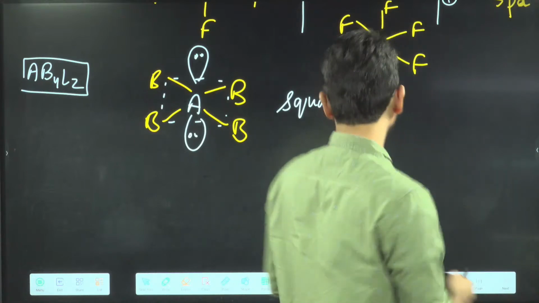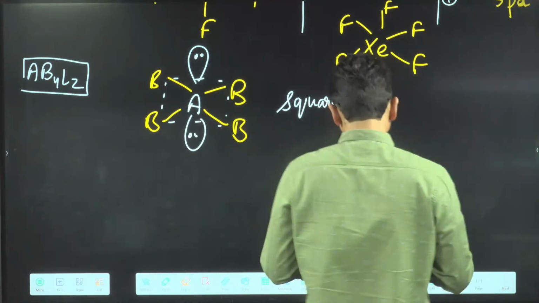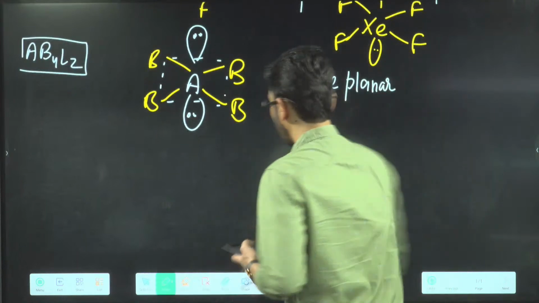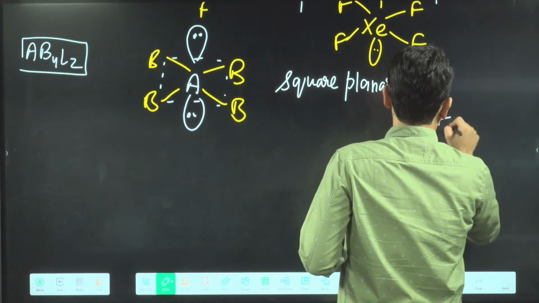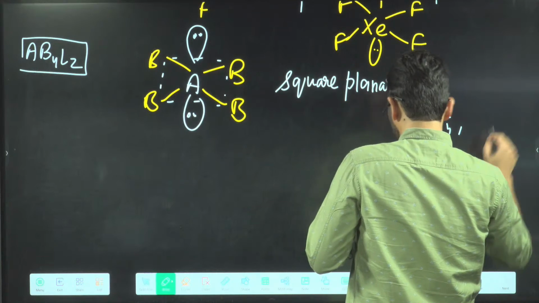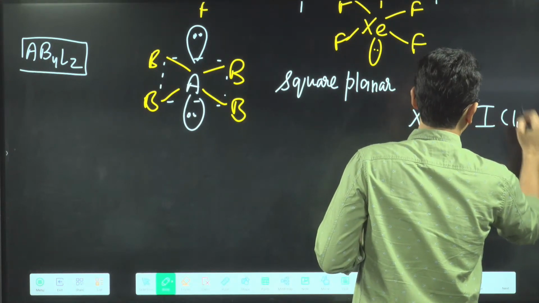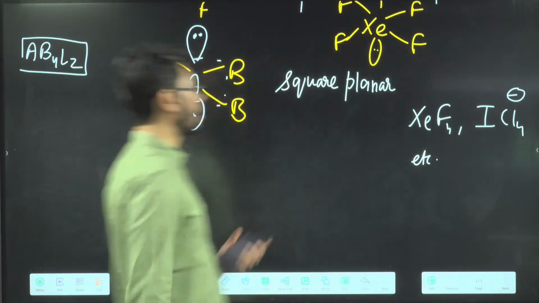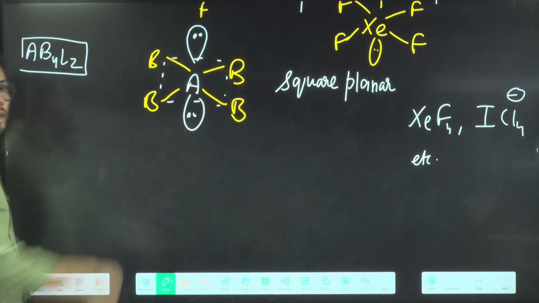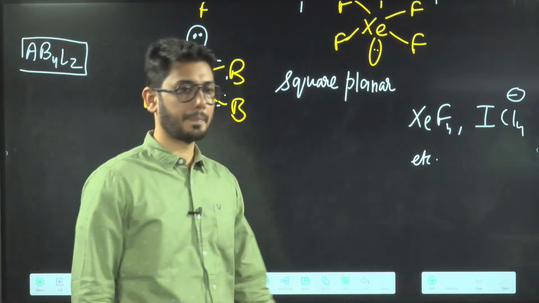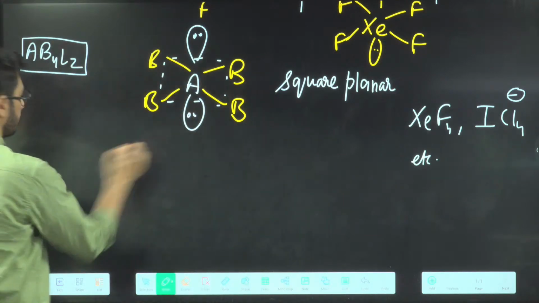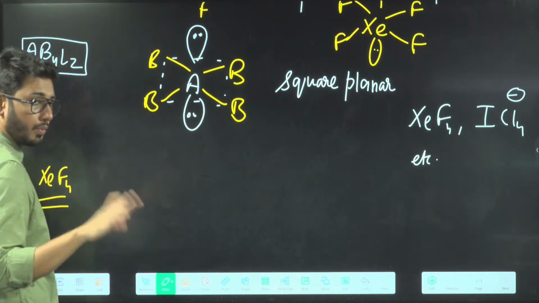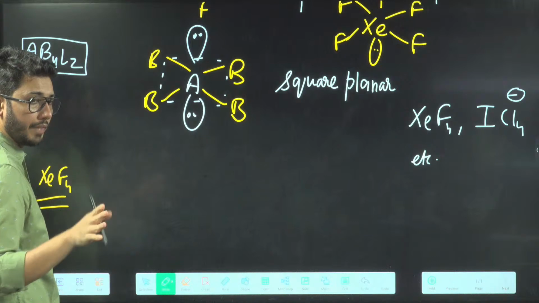Okay? Yes, the example is XeF4. More examples I'll give: one is XeF4, another is ICl4-. These two examples are related to AB4L2 type structure. If you have any other example, you can add. Xenon: 4 electrons with fluorine and 4 electrons left means 2 lone pairs.